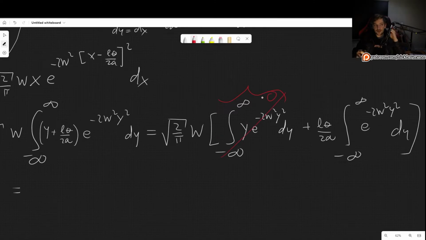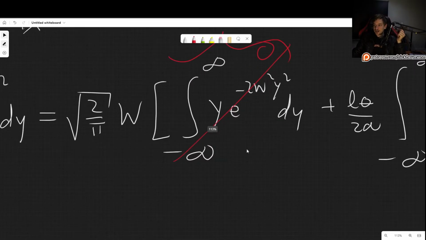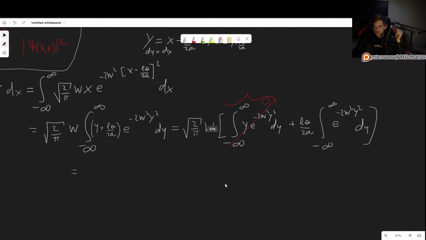I've mentioned a few times, it's so important to start recognizing when a function is odd or even when you're doing an integration, because it might be very useful. And the fact that there is this y here is what makes this odd and what causes it to be 0. So we only have to deal with the second one, but that is a Gaussian integral.